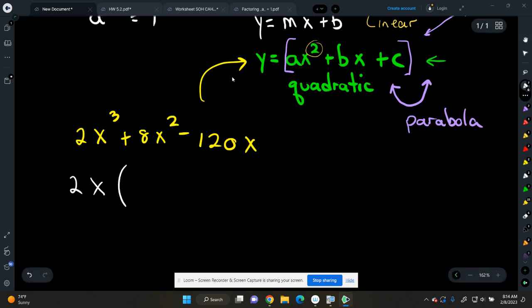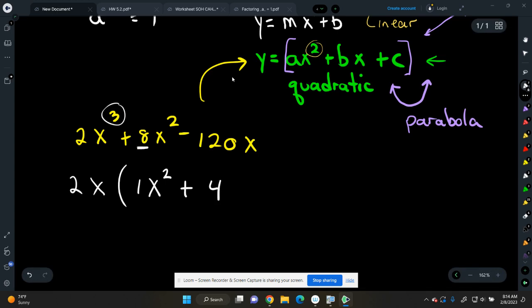So now, what's left when I take 2 and x out of it? So let's look at the 2 first. If I take 2 away from 2, I'm left with just 1, right? And then x squared, because I took 1x away from there. Okay? Plus, if I take 2 out of the 8, what's left? 4.